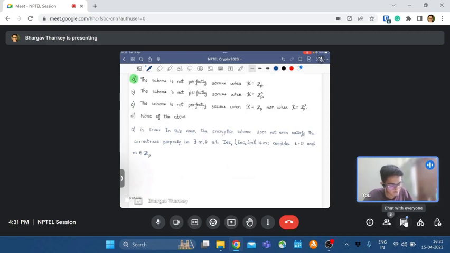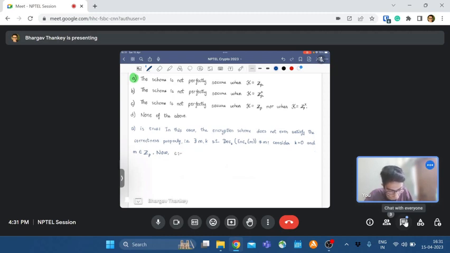So consider k is 0 and m in ZP. Now C, defined as the encryption, is equal to m times 0 mod P, which is equal to 0.